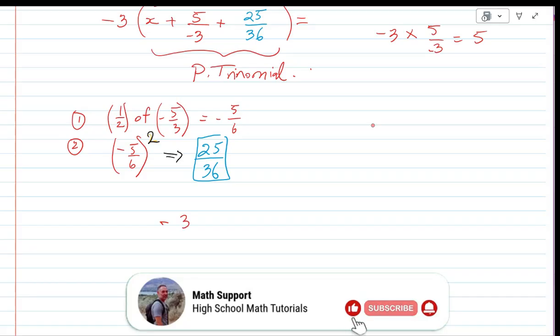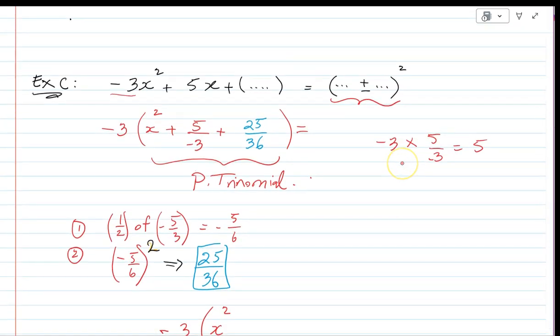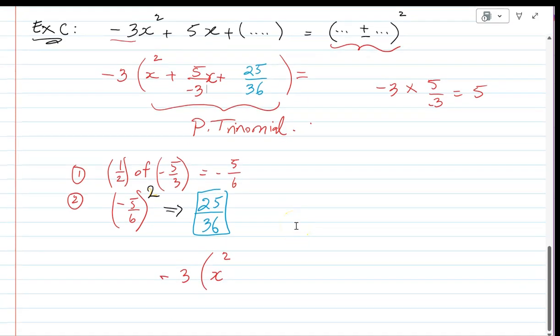We have -3 outside, we have x squared. By the way, there is an x in the middle, so add that x in there. I missed that x in the middle. It should have been an x in there. All right, so x squared minus 5 thirds x, and then plus 25 over 36.